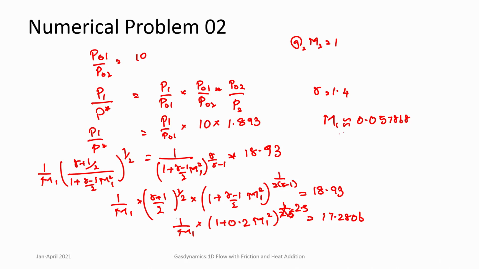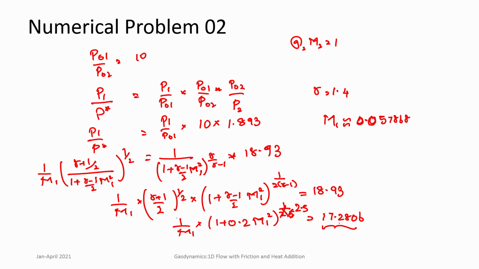This is a number where the Mach number is about 0.1, and we can then look at iterating this slightly, so as to satisfy this particular condition even more closely. Okay.